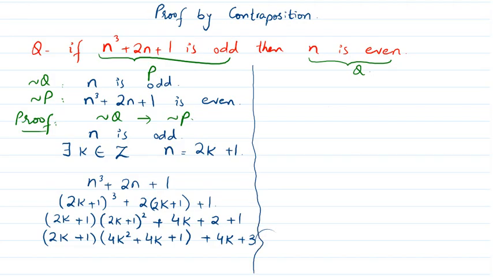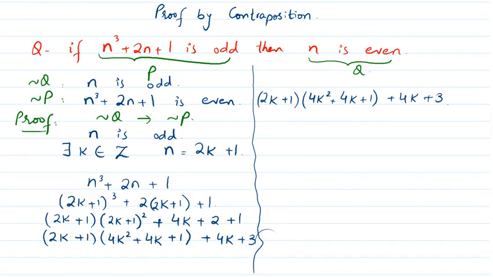Okay, continuing it here. 2k plus 1 times 4k square plus 4k plus 1 plus 4k plus 3, right?